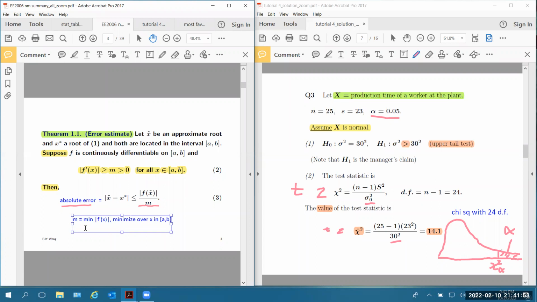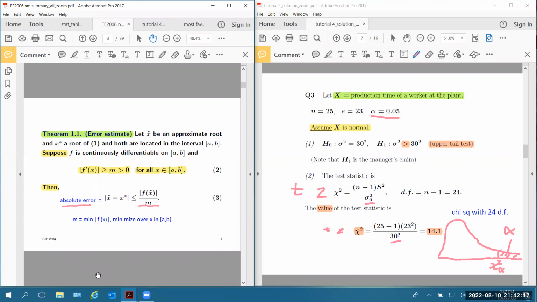That's why we say our m here is the minimum of the absolute value of f prime x. So in our problem, we need to find the small m, and that's how we find it. Now here, it's still not enough to get the stopping criterion.